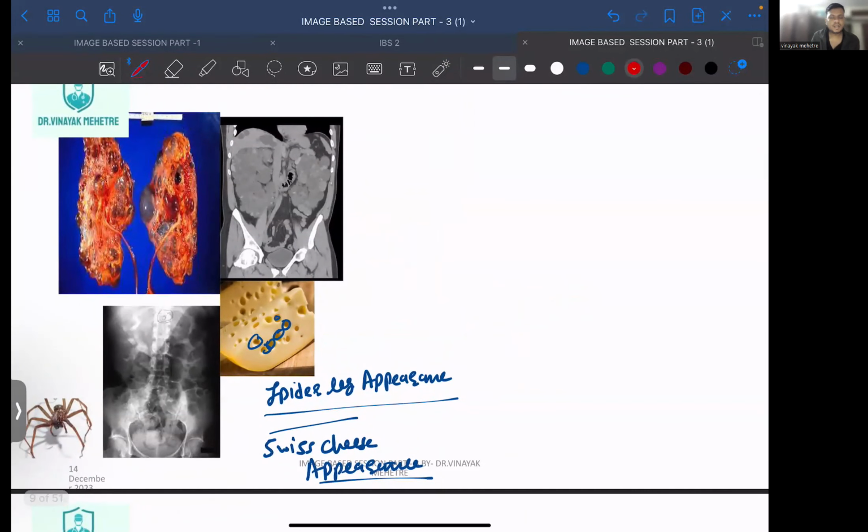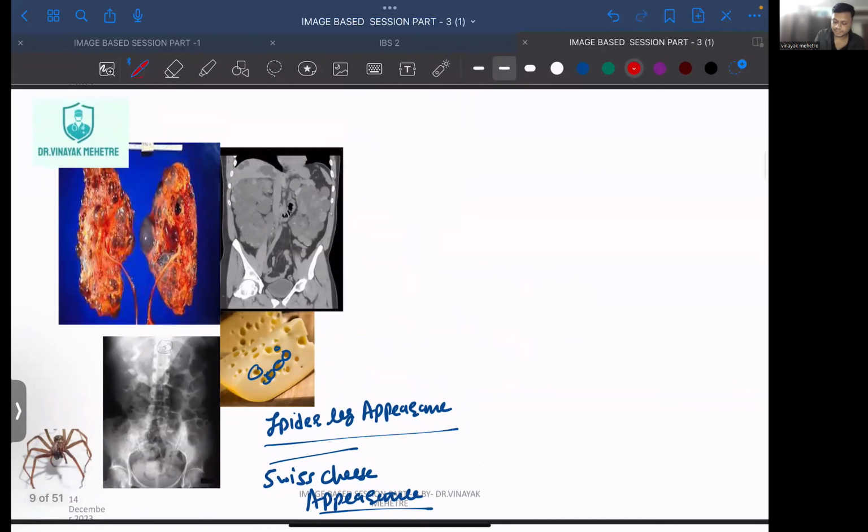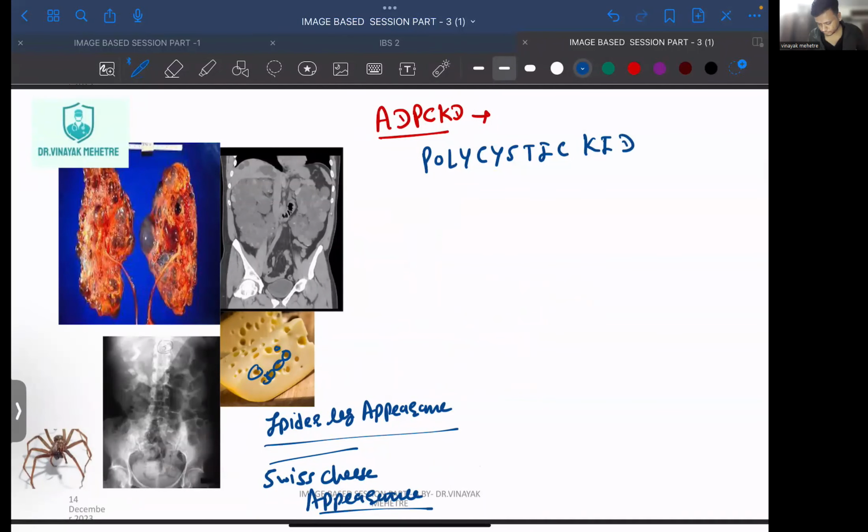Tell me, in adult polycystic kidney disease, the genes associated. Just calculate the alphabets. कितने हैं?